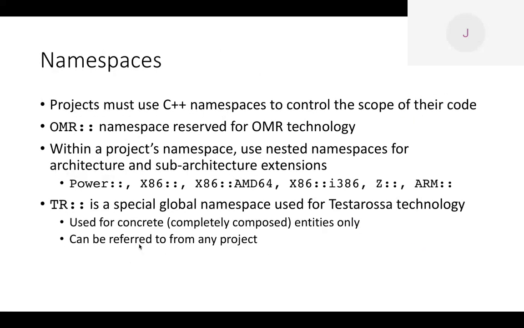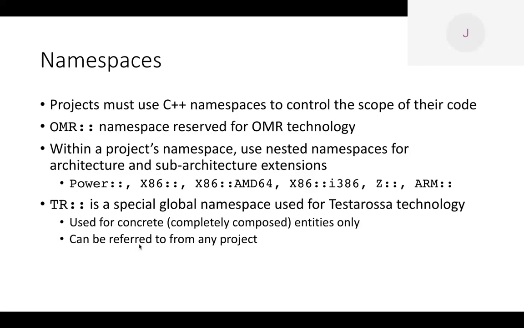The way that a lot of this is written as well is to use C++ namespaces, and it's really to help us control the scope of the code, and to keep things isolated to certain projects and certain architectures. The top level namespace is OMR, and that's reserved for OMR technology. After that, you can basically use any namespace you want for the technology you want.